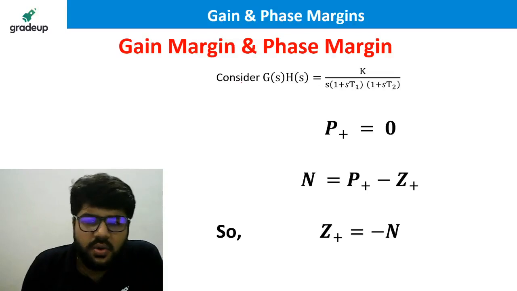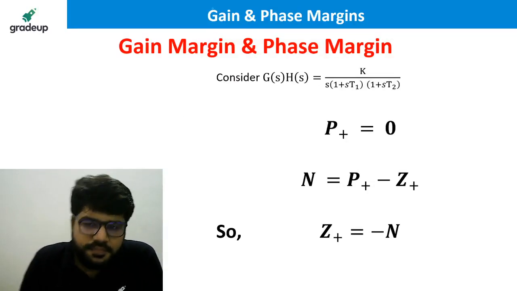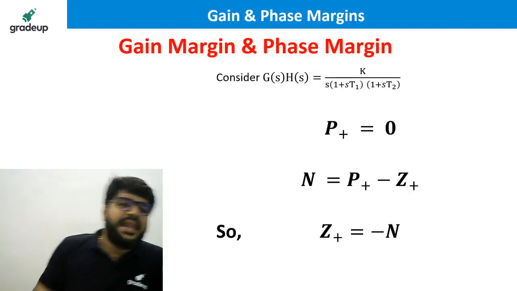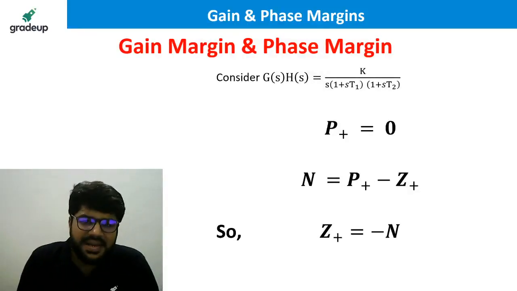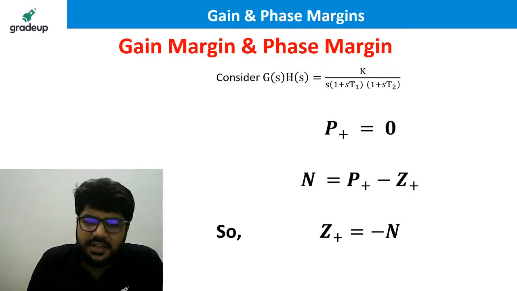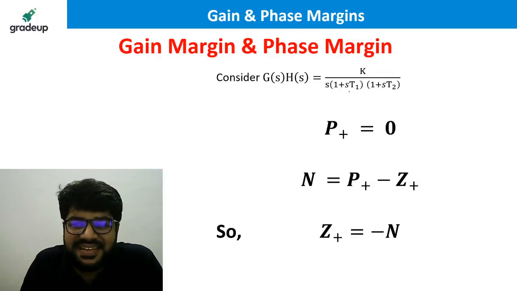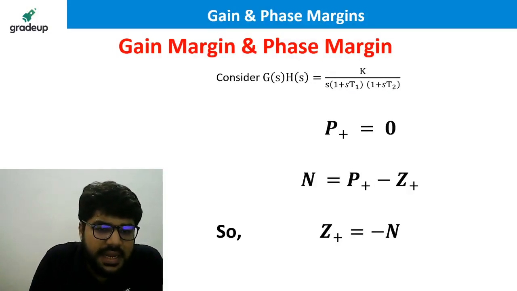So let us start with the case of gain and phase margin. First of all, I'll explain by taking one example, and then we will solve general questions on this. So let us start: G(s)H(s) equal to K by s(1+sT1)(1+sT2).